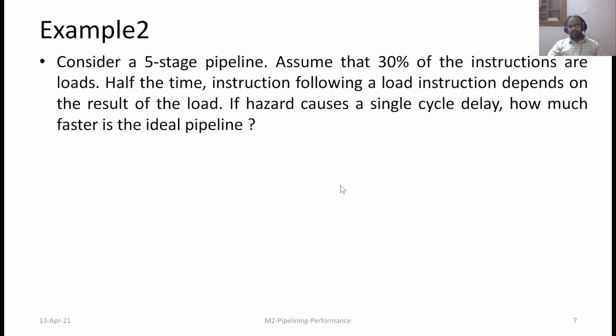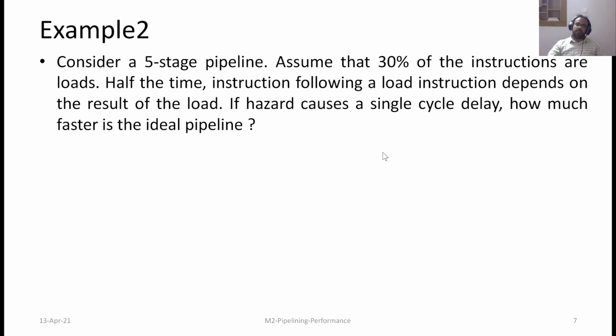Now let's look at another example. Consider a 5-stage pipeline and assume that in the application that we are running, 30% of the instructions are load instructions. Half of the time, the instruction following a load instruction depends on the result of the load. If a hazard causes a single cycle delay, how much faster is the ideal pipeline?